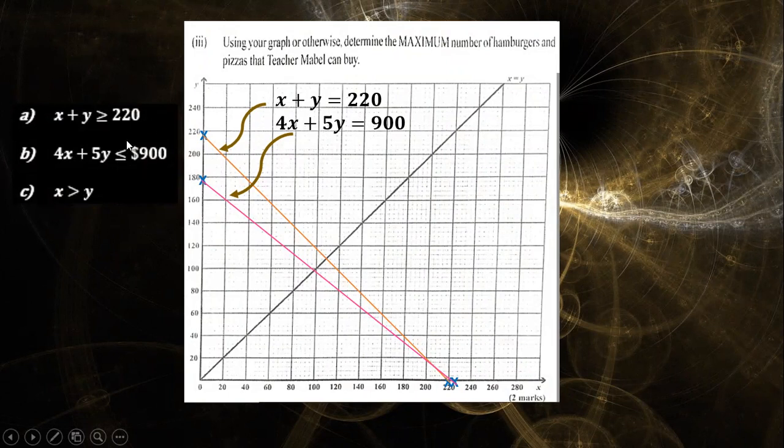So what we're going to do, we're going to shade in the spaces and demonstrate exactly the region that satisfies all 3. Now, in the exam situation, it may not be wise to shade exactly as I'm about to shade here.